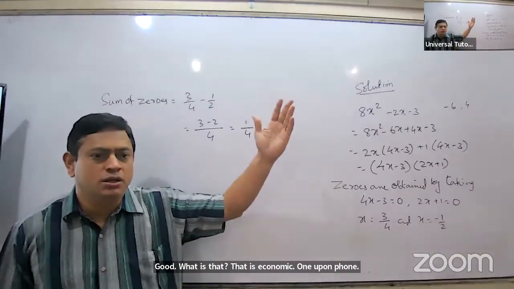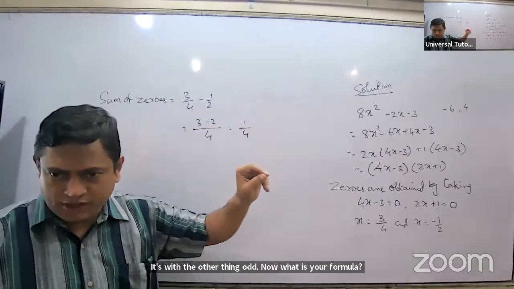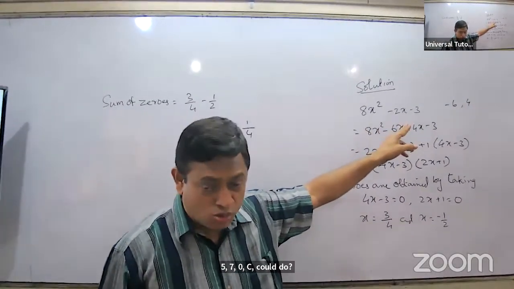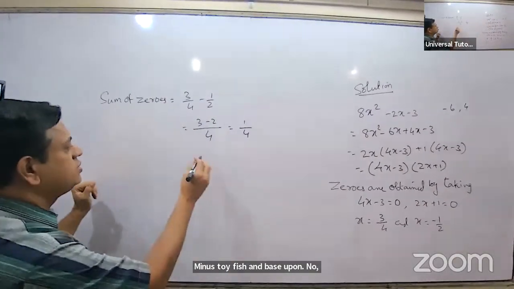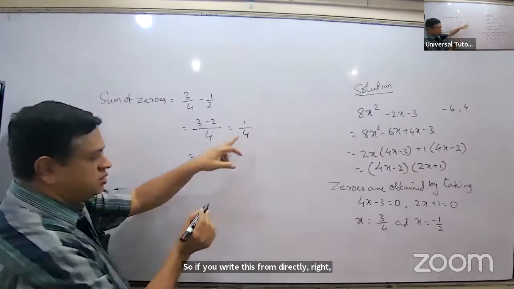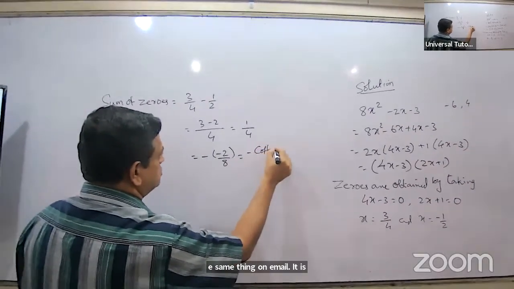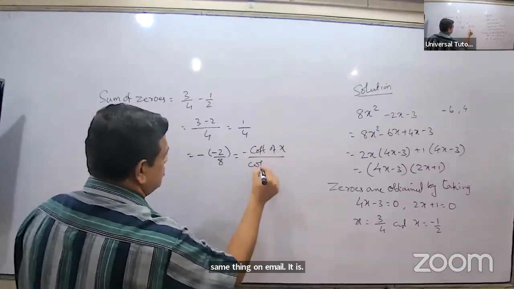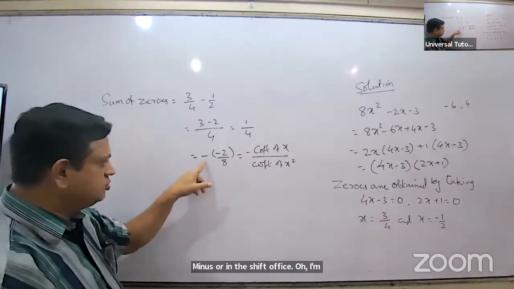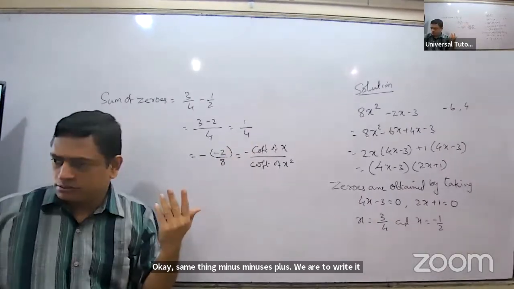Now, what is your formula? The sum of zeros is equal to minus coefficient of x upon coefficient of x square. Look over there. What is the coefficient of x? Minus 2. So minus of minus 2 upon 8, which is the same thing, and 2 by 8 is 1 by 4.